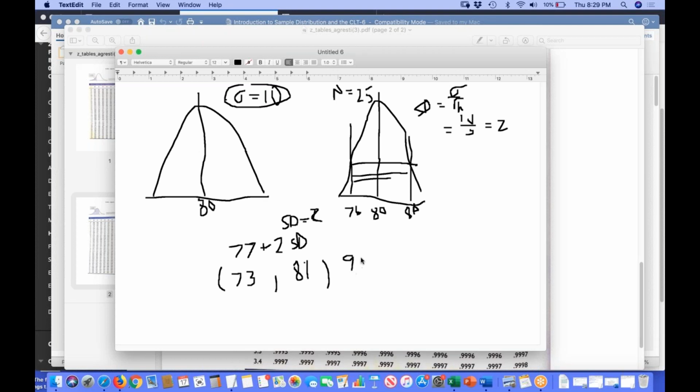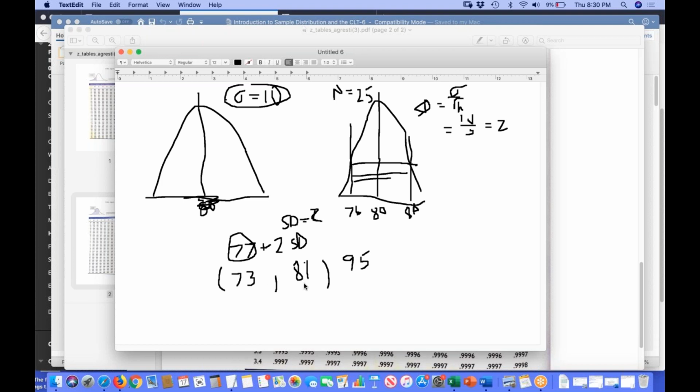I'm 95% sure that's true, because since I know the standard deviation, the nature of this is that 95% of the samples are going to be within 2 standard deviations of the real population mean. I may never know what the real population mean is, but now at least I have a mechanism for saying, well, I got a 77. I don't know if that's really the mean, but based on the population standard deviation, I can say I'm 95% sure the true population mean is between 73 and 81.